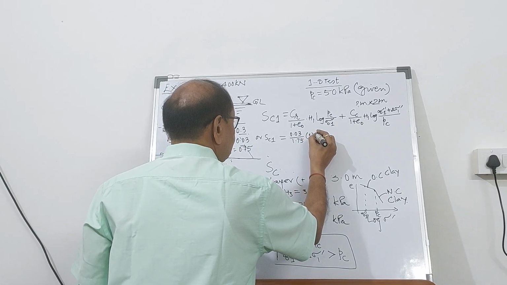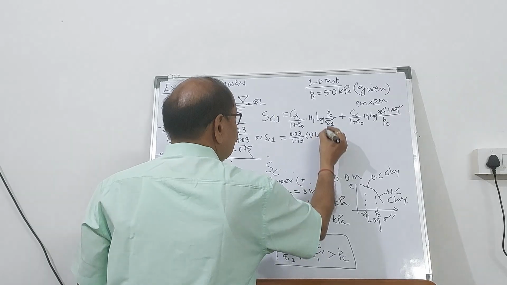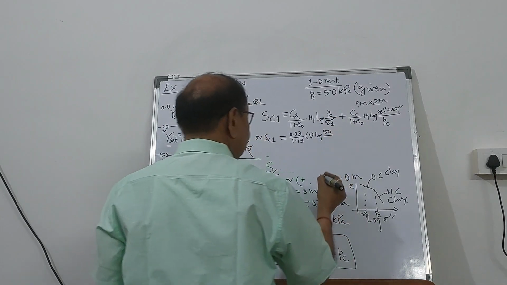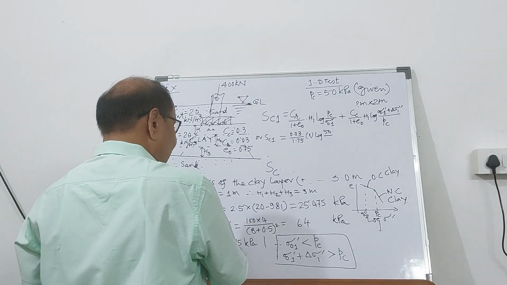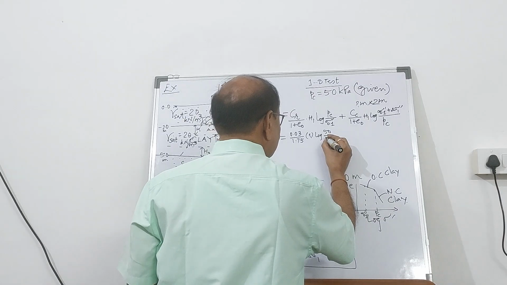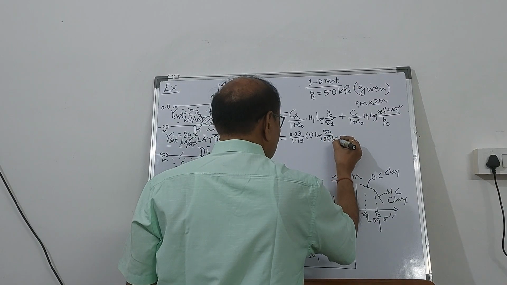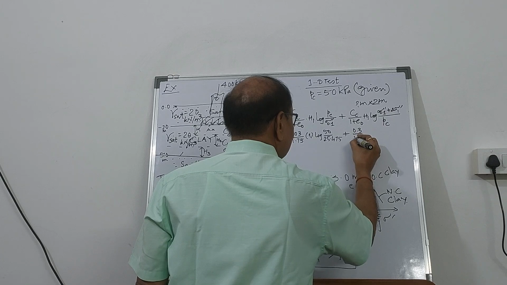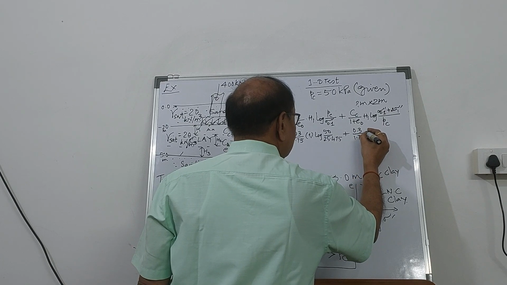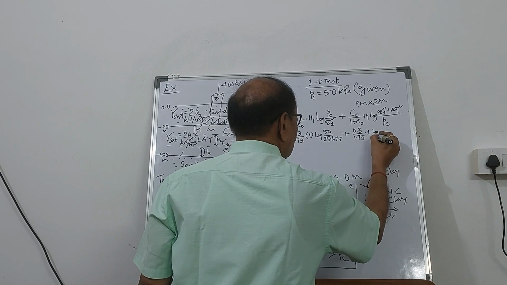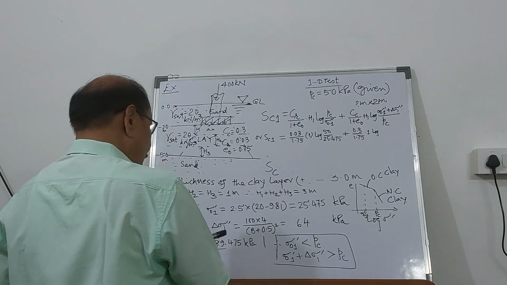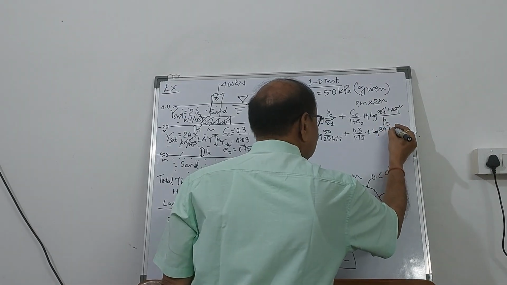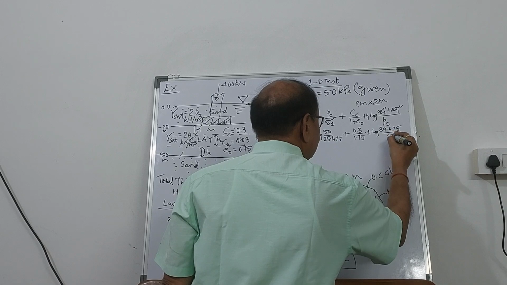H1 is 1 meter into log of PC is 50 given, divided by sigma naught prime for layer 1 is 25.475 plus Cc is 0.3 divided by 1.75 into 1 into log of sigma naught prime plus delta sigma 1 prime is 89.475 divided by 50 to the base 10.